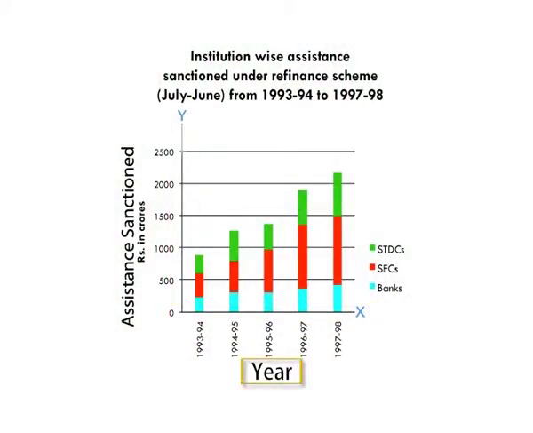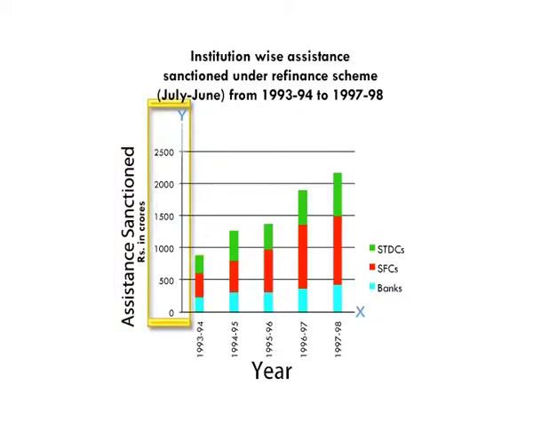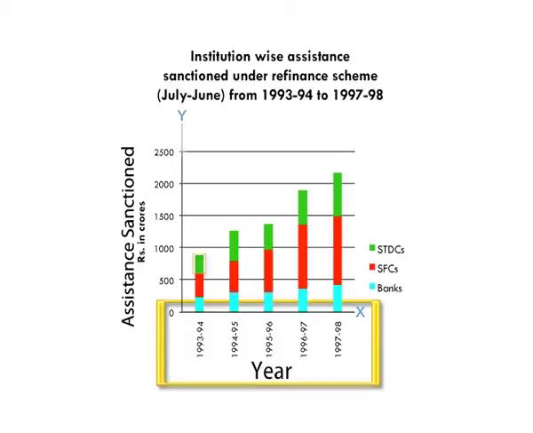On the x-axis, we take the year, and on the y-axis, we take the assistance sanctioned, and here we use a scale for the y-axis as 1 centimeter equals 500 crores of rupees. Then we draw the bars by taking the total amount sanctioned in that particular financial year.